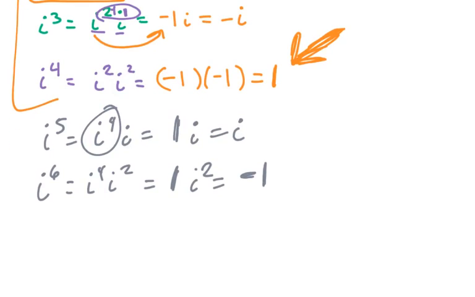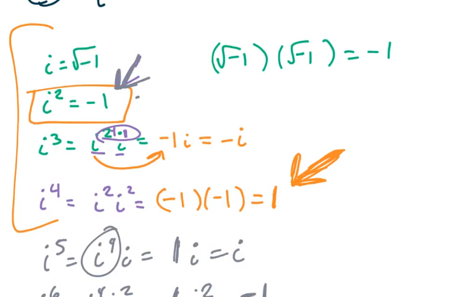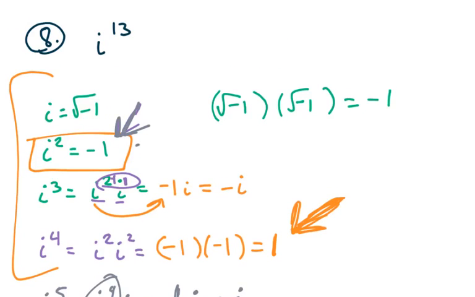So essentially, this becomes periodic. What I mean by that is it repeats every 4. Now, if you have something that's periodic, a nice trick is to say, well, hey, look, I could just take 13 and divide by 4, which would give me 3 with a remainder of 1.